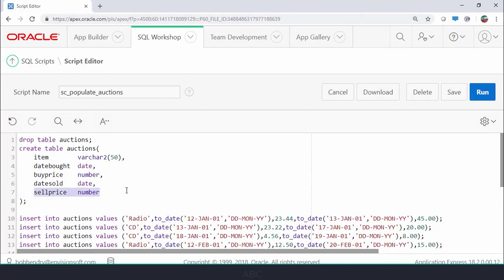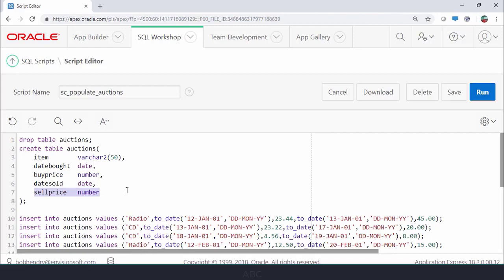So it's a very simple table. It would be like if you were keeping track of any kind of auctions, like buying and selling stuff on eBay or any of the auction sites, and you were creating some kind of web form or interface or application that would hold this data. What you bought, the date you bought it, how much you bought it for, when you sold it, and then the sell price.